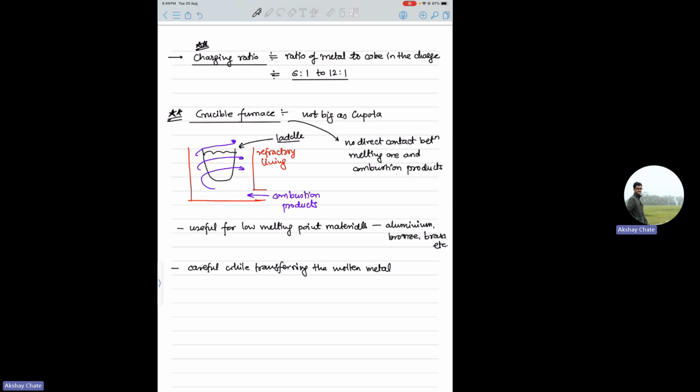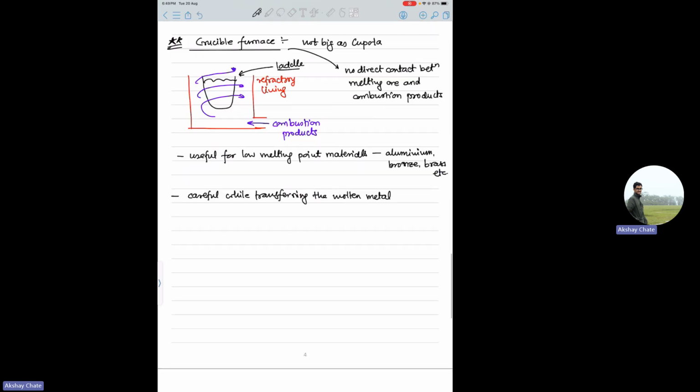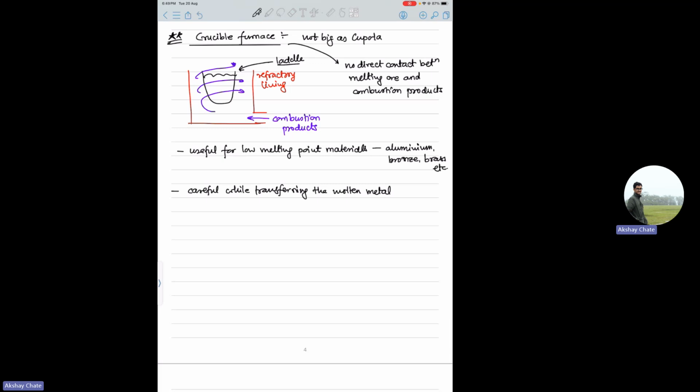That's most of the things about crucible furnaces. Then the next one was open hearth, right? The open hearth and all these are big kind of furnaces, not vertical but horizontal.